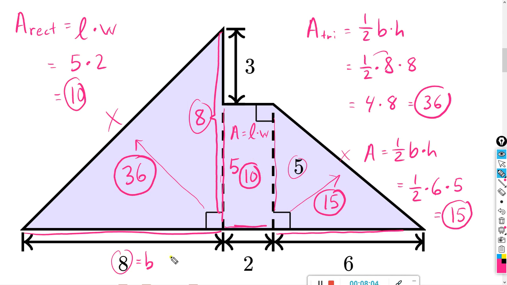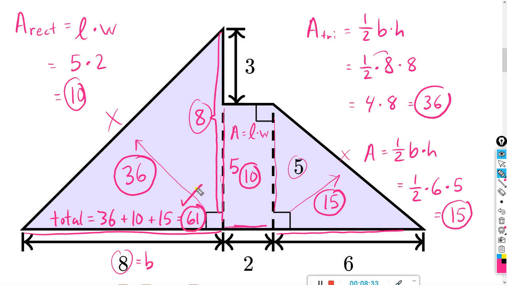All right, and now the total, or the sum of the areas, is going to be 36 plus 10 plus 15. So 36 plus 10 is 46, 56, 61.